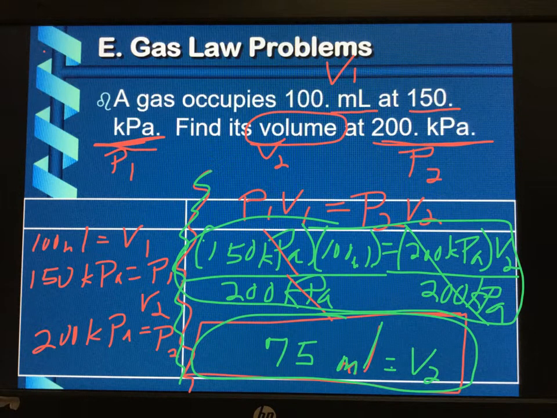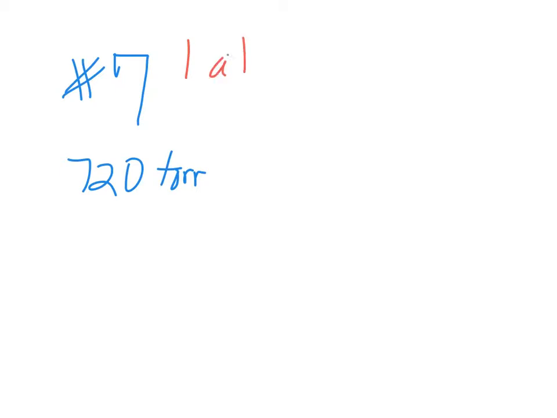Okay, now what if you had one pressure was ATM, the other pressure is torr? Like look at number 7 in your handout today. How much torr are they giving you? 720, okay? Now remember, your conversion is 1 ATM equals 760 torr.